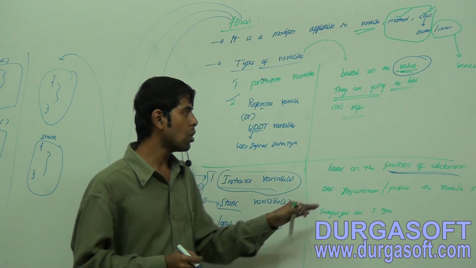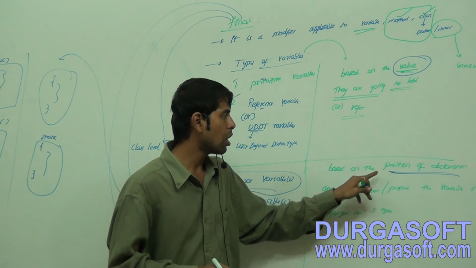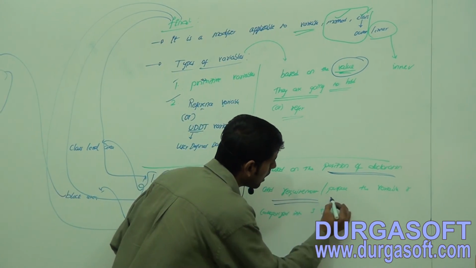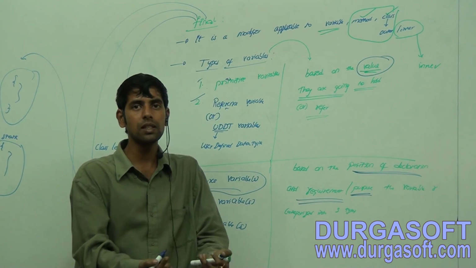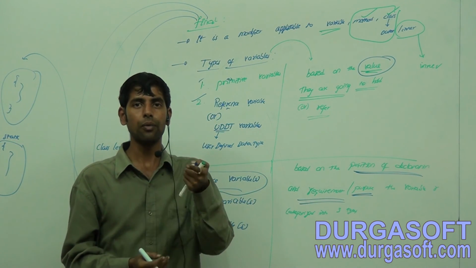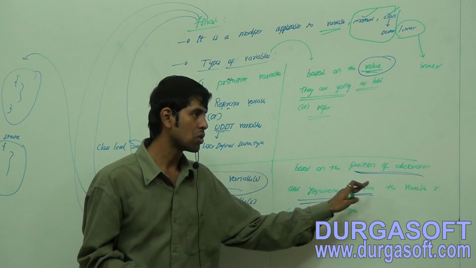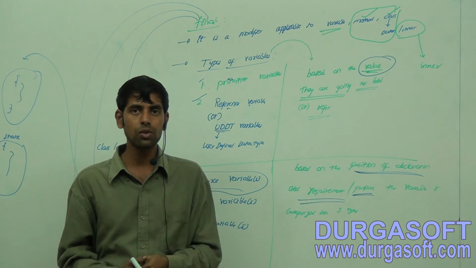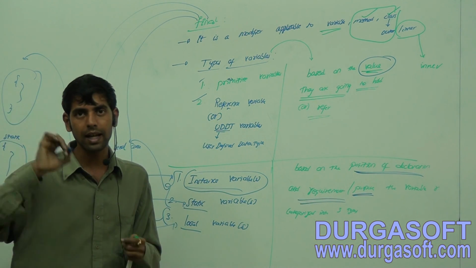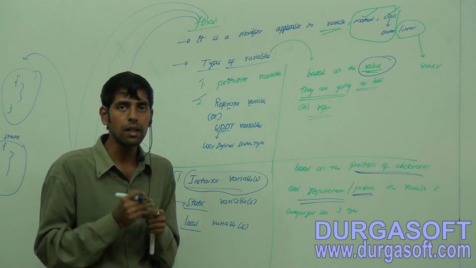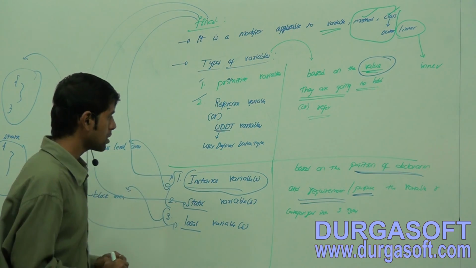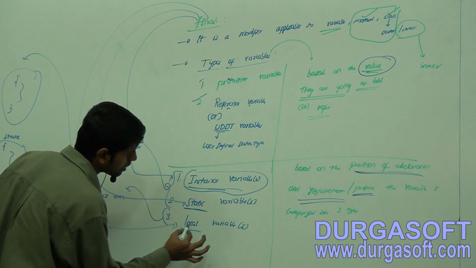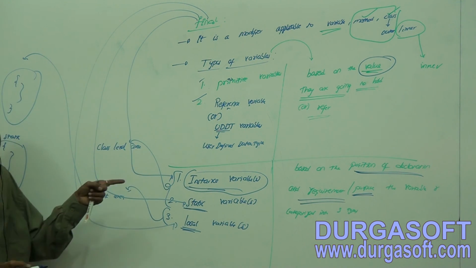Based on position of declaration and requirement or purpose, for which purpose I am declaring that variable, Sun Microsystems has categorized the variables into three categories: instance variable, static variable, and local variable.